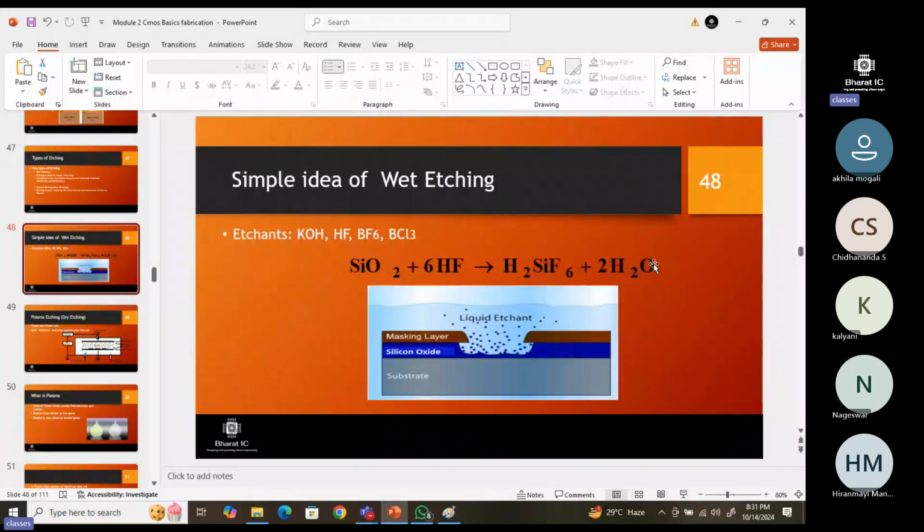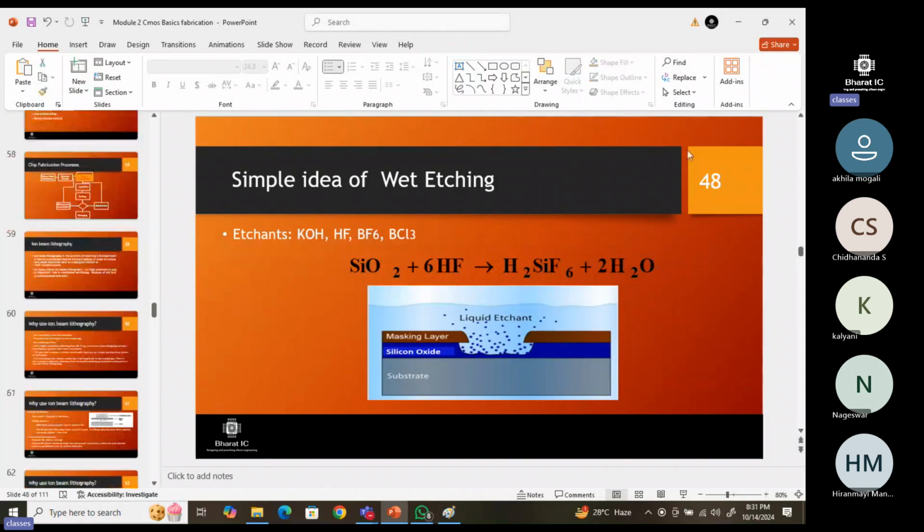This equation is very important. Other equations they will not ask. Frankly, no one will ask, because the interviewer himself doesn't know what he will ask. If a manager or director level person has a technical interview, very rarely they might ask. But remember this etching formula. You should know that. Okay.